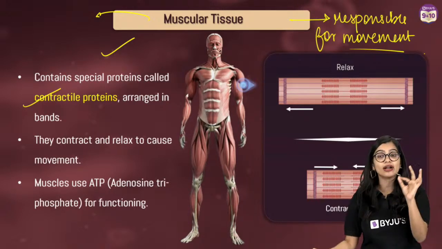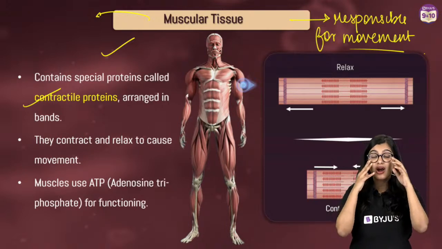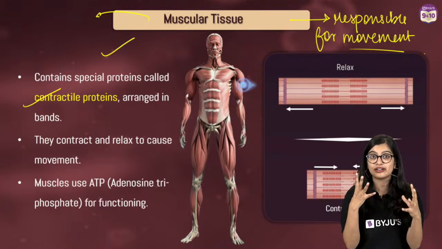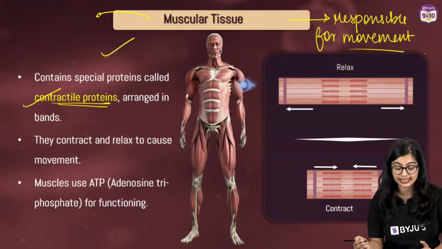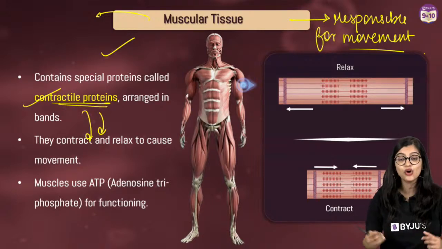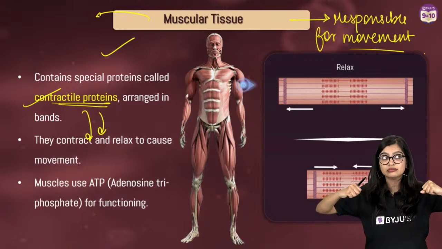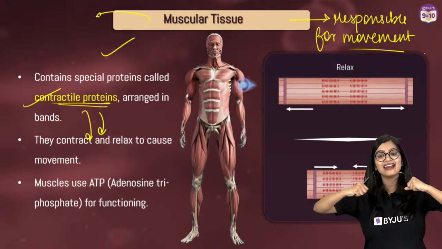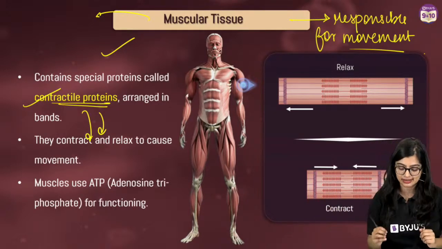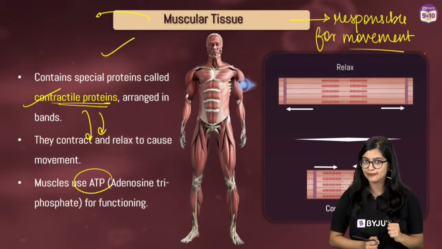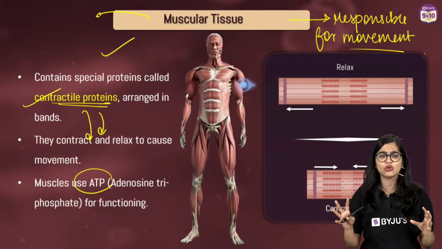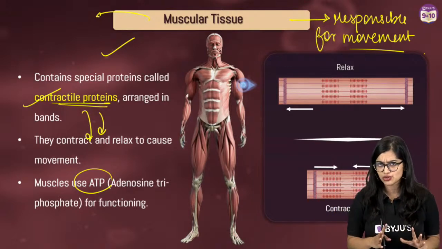The word contractile comes from contraction. These contractile proteins allow for the contraction and relaxation of muscles, and they utilize ATP for their functioning. So this is a broad overview of what muscular tissue does.